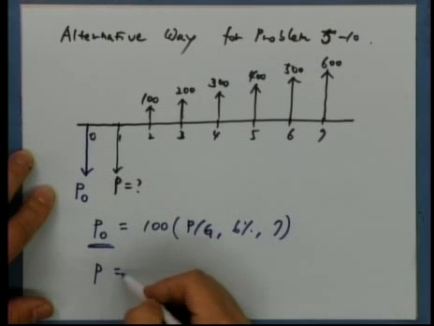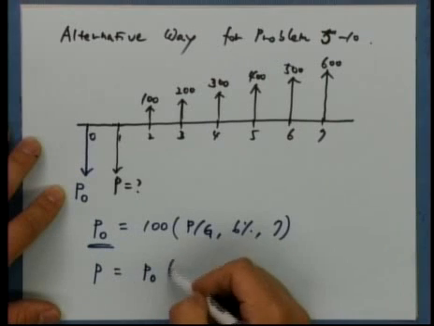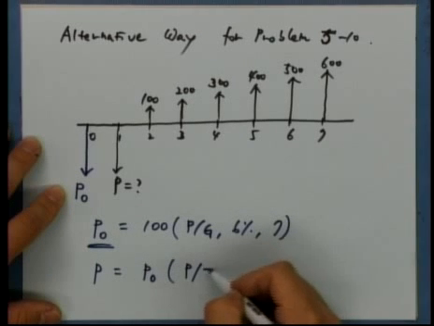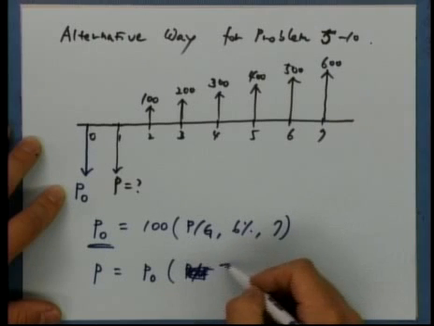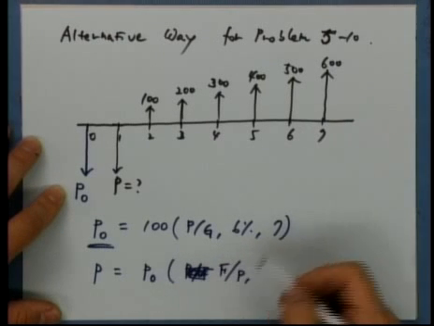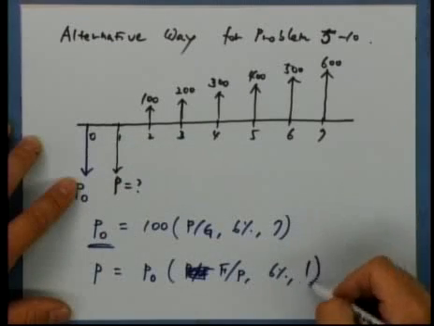So P can be obtained by P sub 0 times F given P, 6% over 1 period, okay?